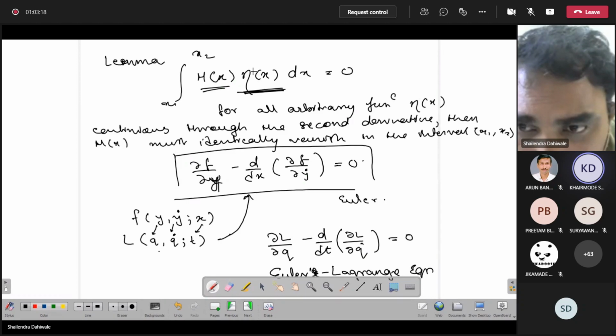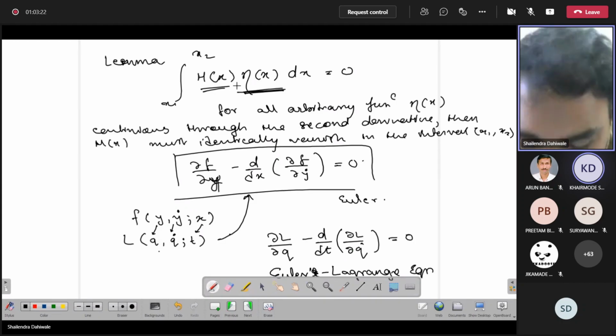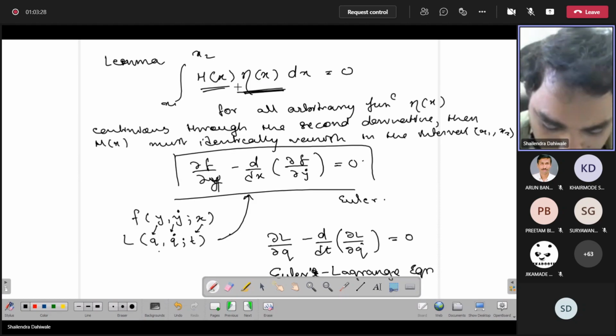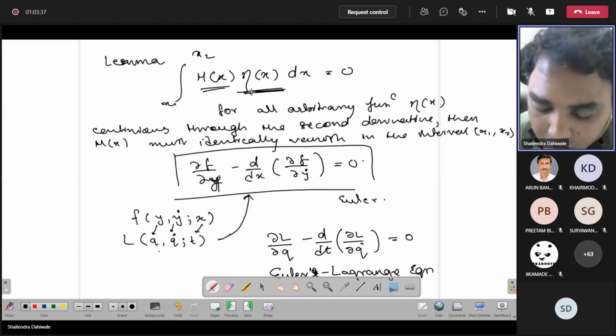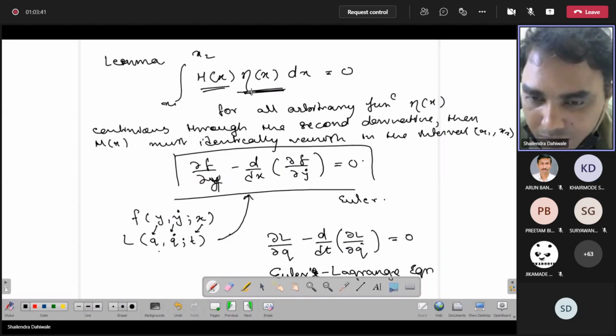Then why have we taken only h of x as 0? They are independently 0. They must be independently equal to 0. I am not saying one of them is 0.